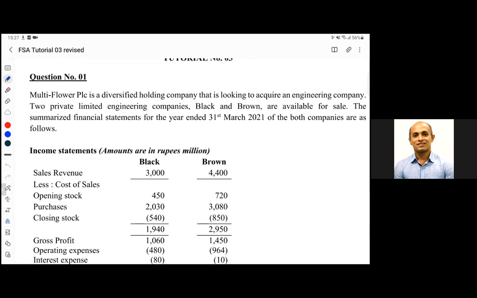Before you start applying any analysis tool for the financial analysis, you need to do the accounting analysis. So remember, accounting analysis comes first, then financial analysis.